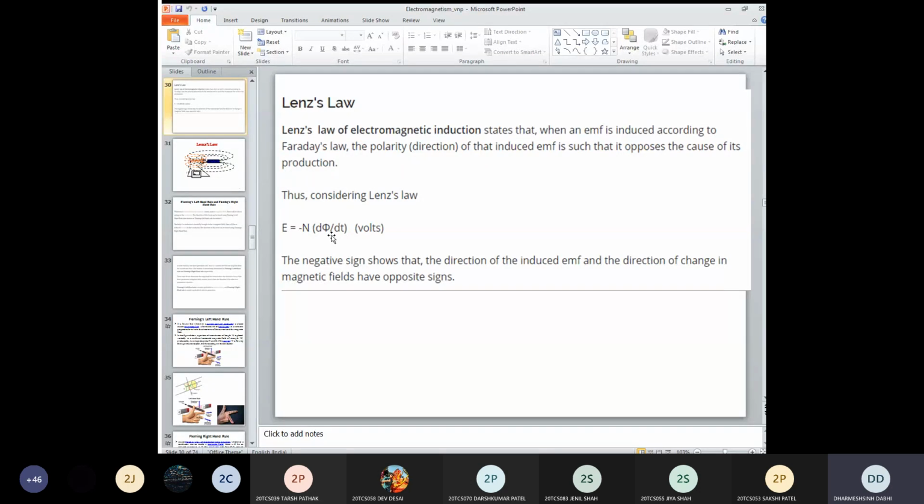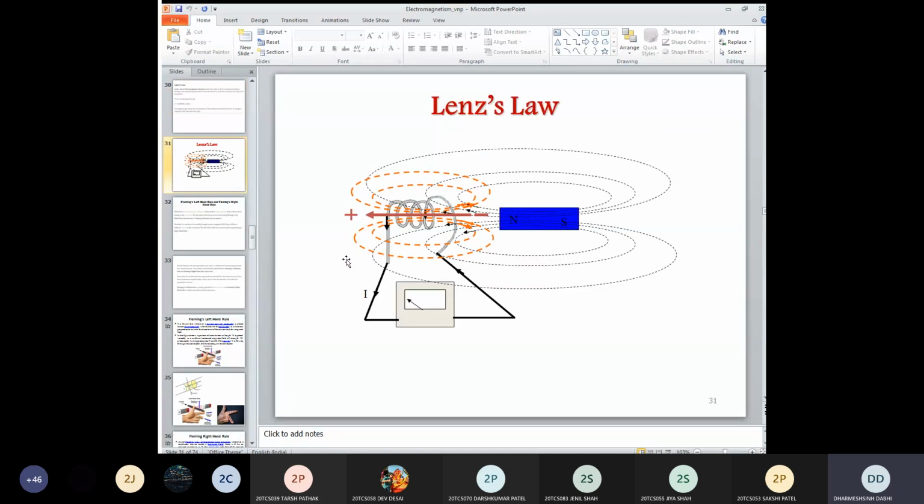EMF is induced in the conductor because of the rate of change of flux linkage with the coil, and this EMF opposes the rate of change of flux. Mathematically you can see this by the negative sign between the rate of change of flux and EMF. So E is equal to minus n d phi by dt. Here n is the number of turns of the coil, and d phi by dt is the rate of change of flux with respect to time.